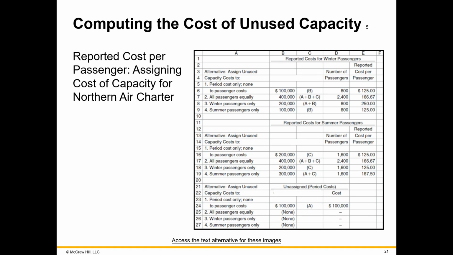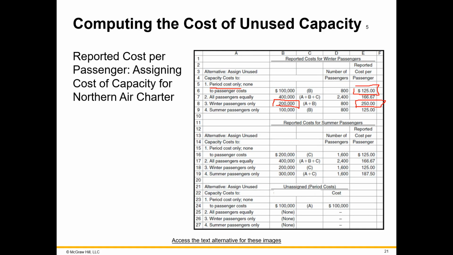So if those extra costs are classified as a period cost, then it shows that the overall reported cost per passenger is only $125. Now, what if they allocate those costs to the other winter passengers? Then that cost adds to the winter passenger cost, and it shows that winter passengers cost $250 per passenger. Or if they split up that unused capacity cost among all their passengers, then it raises their reported cost per passenger.